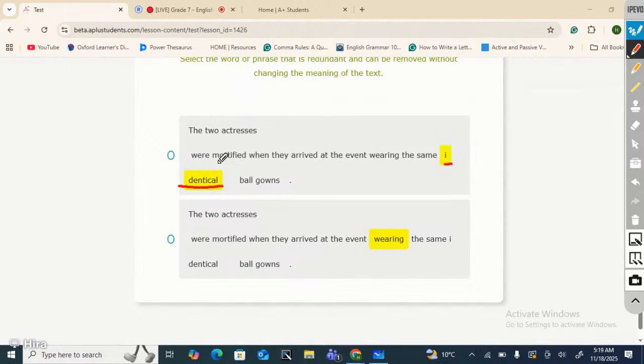The two actresses were mortified when they arrived at the event wearing the same ball gowns. So, same is the word. Same and identical imply the same meaning. So, the word same is used before the word identical. So, the word identical will be considered redundant and can be removed from the sentence. Good job, Ben.